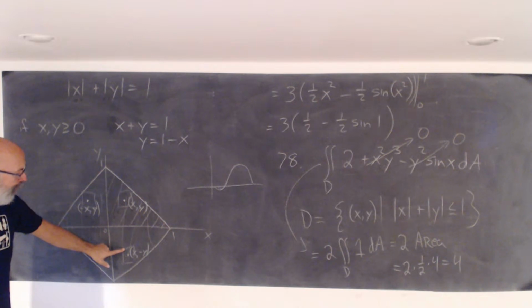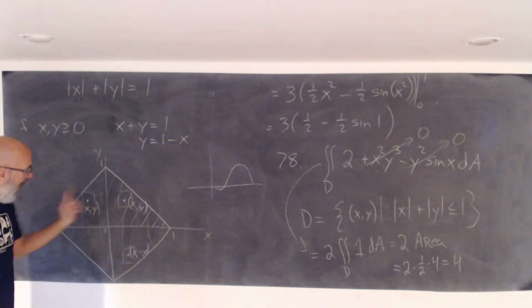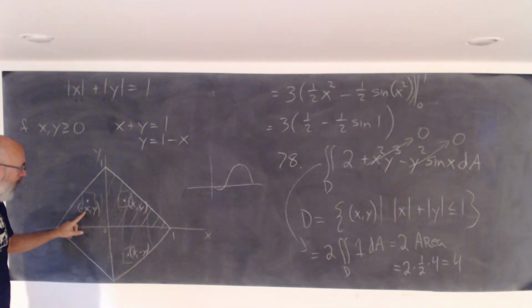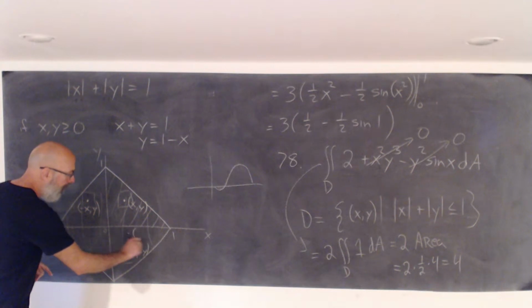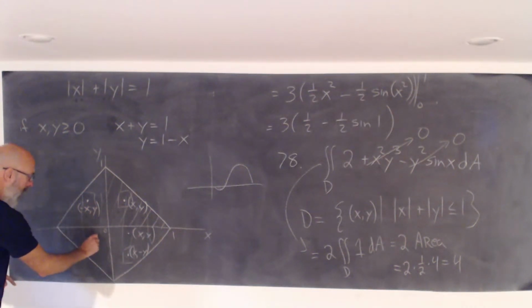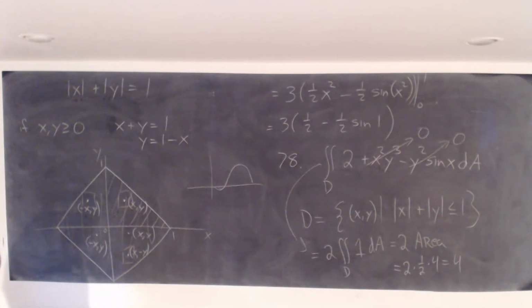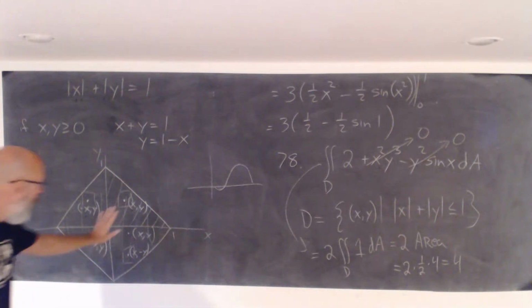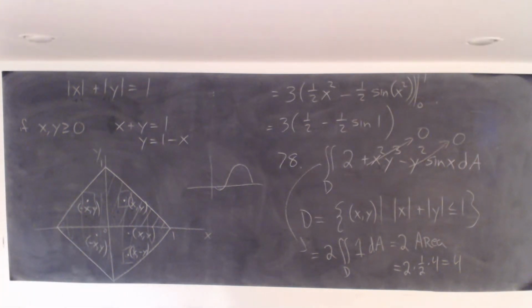So if you fix any point x, y, you have a corresponding point, negative x, y on the other side. If your point was here, if this was your point x, y, then on this side, this would be a point negative x, y. So, I mean, the 3rd quadrant is, of course, important. We absolutely need symmetry about the y-axis.